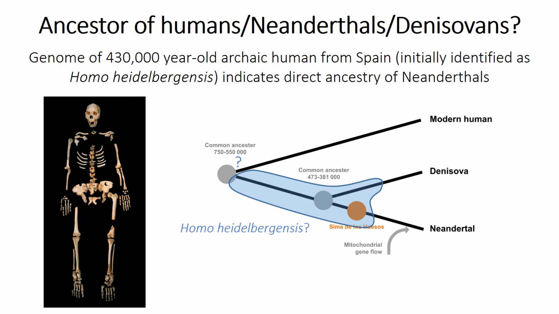There hasn't been a lot of genomic work, but there is a 400,000 year old specimen from Spain that was called Homo heidelbergensis based on the bones, but its genome has been sequenced and it shows that it's a direct Neanderthal ancestor. Maybe it even is a Neanderthal, but in any case, it supports the idea that heidelbergensis, the European populations at least, could be a direct ancestor of Neanderthals and probably of Denisovans as well.